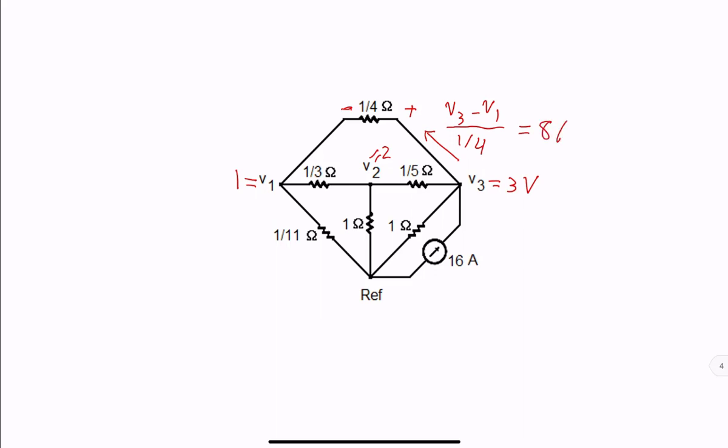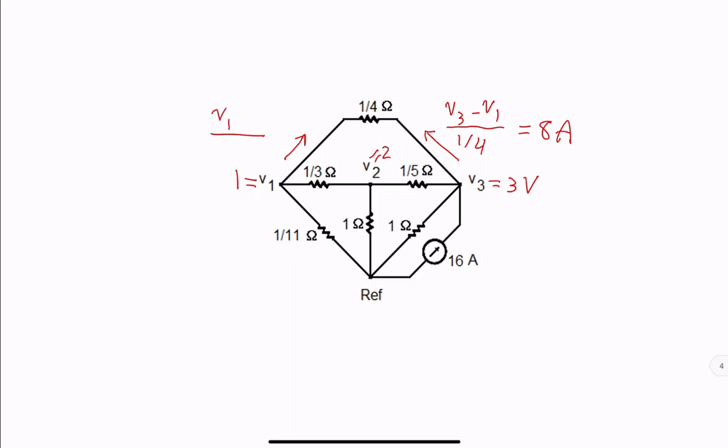Gives us 8 amps. If you are interested in the current going to the right from V1 on the top, then this should enter the positive. So we want positive on the left, negative on the right. So that would be V3 negative and V1 positive.